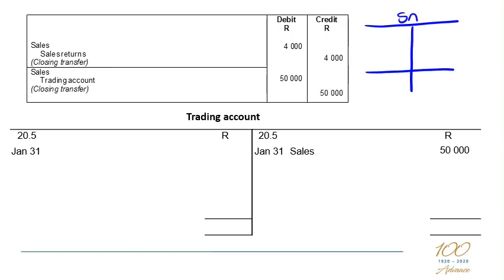I had sales and I had a sales returns. So sales returns would have been on the debit side during the normal course of transactions. So to close it off, I would credit the sales returns and debit the sales account.